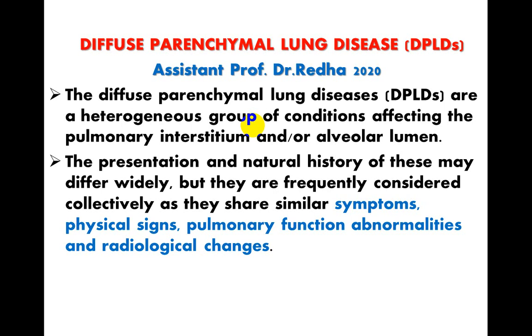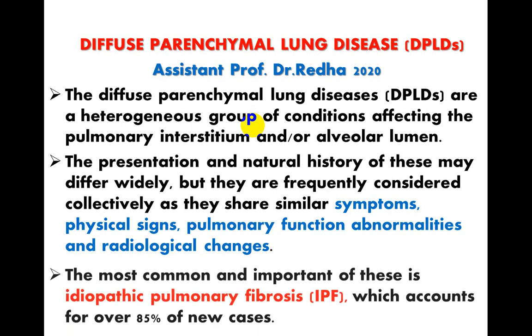The natural history and presentation of these diseases may differ widely, but they are frequently considered collectively as they share similar symptoms, similar physical signs, similar pulmonary function abnormalities, and similar radiological changes.